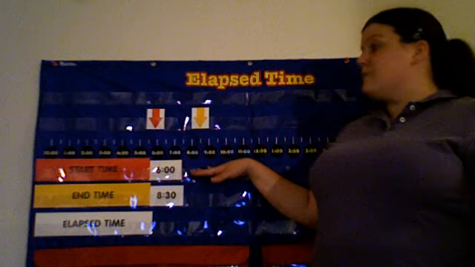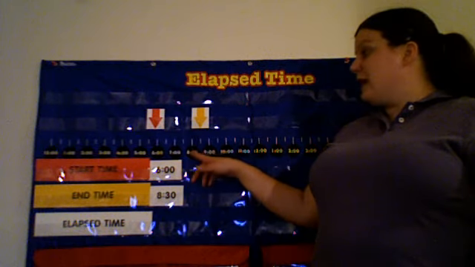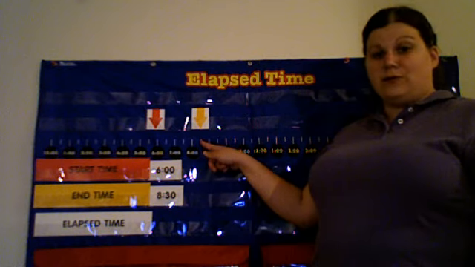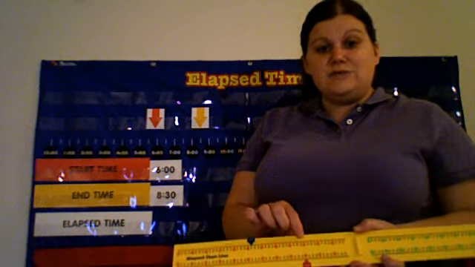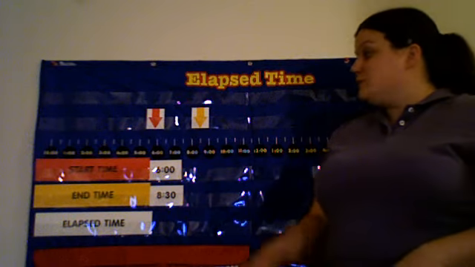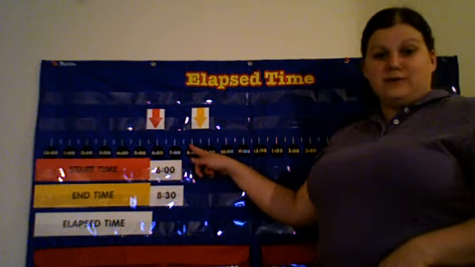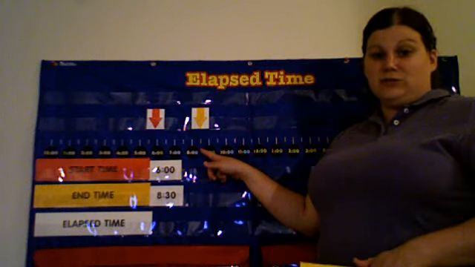On the elapsed time pocket chart, students only have the hours and the half hours marked. The advantage to letting them use an elapsed time ruler is that they can see each individual marker counts as 5 minutes. So if they can count by fives, they're able to determine the amount of time that exists between the ending time of our hours and the actual ending time that we're searching for.